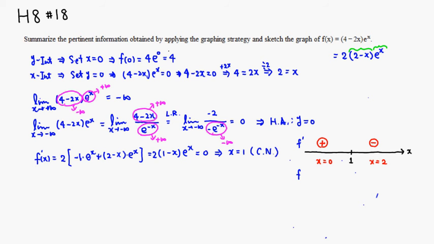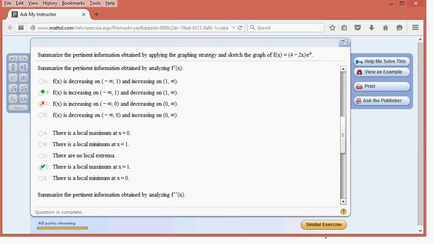Which means that where the derivative is positive, the function f is increasing on the interval from negative infinity to 1. After that, it's decreasing because the first derivative is negative. So let's go back. The function is increasing from negative infinity to 1, and decreasing on 1 to infinity. Now for local maximum and local minimum.